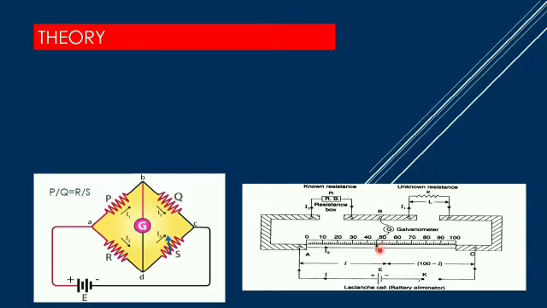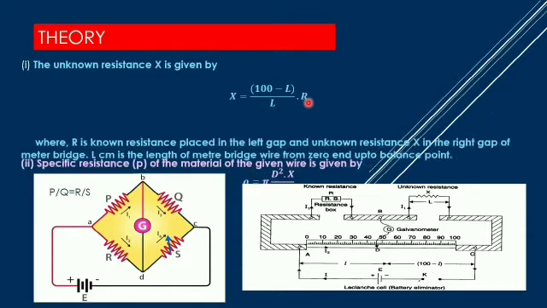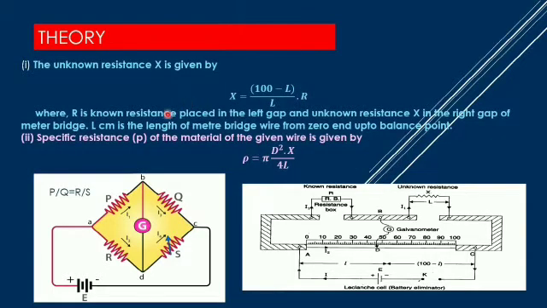If small r is the resistance per centimeter of the given wire, the resistance of this length would be Lr, and the remaining resistance would be (100 minus L)r. So we can calculate the resistance using the formula X is equal to (100 minus L) over L into R, where R is the known resistance placed in the left gap and unknown resistance X in the right gap of the meter bridge.